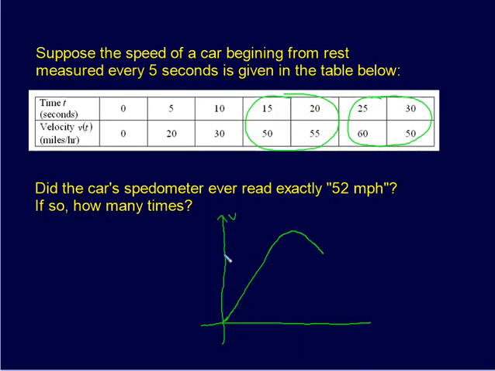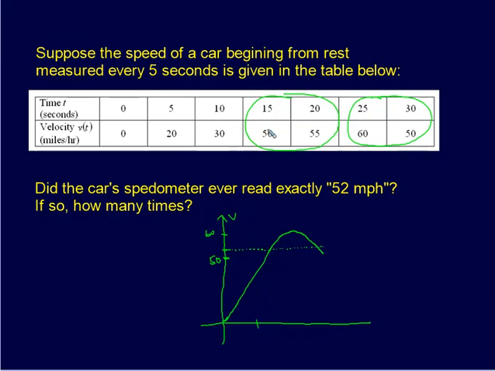So if at one point the speed was 50, let's say, and another time the speed was 60, then for sure somewhere in between is a time when it was 52. Just because this graph must be continuous, and therefore you can't go from 50 miles an hour to 60 miles an hour without having been 52 somewhere on the way up there. And so the terminology we give to this is there is a time interval.